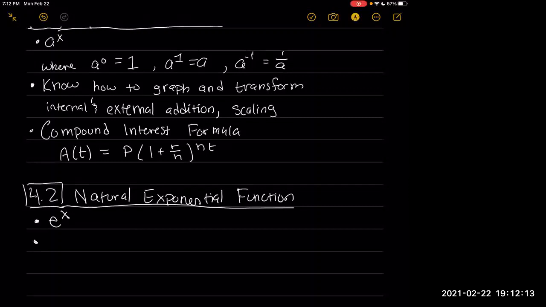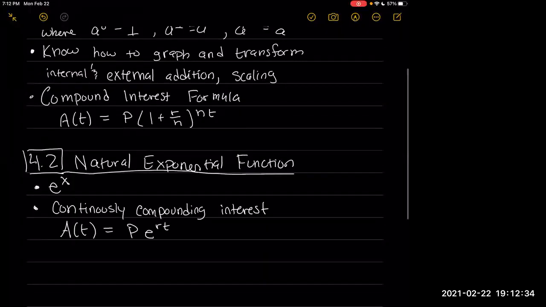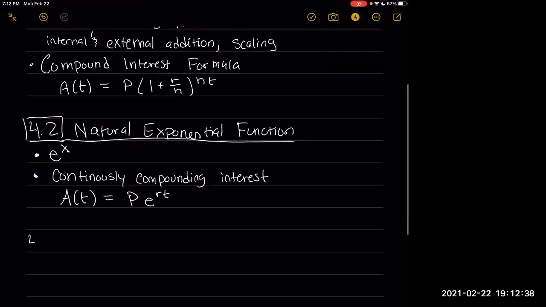And we also learned about continuously compounding interest. This formula is A of t equals P e raised to the rt. This section was pretty short, and then we moved on to section 4.3.